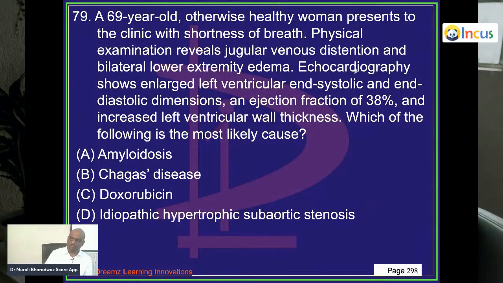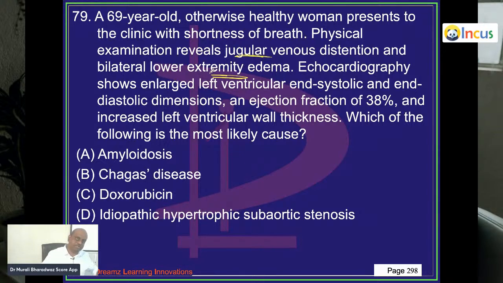A 69-year-old, otherwise healthy woman presents to the clinic with shortness of breath. JVP is elevated and there is edema of the lower extremities. Is it right heart failure or left heart failure we are talking about? Right heart failure. Pulmonary edema is a feature of left heart failure.